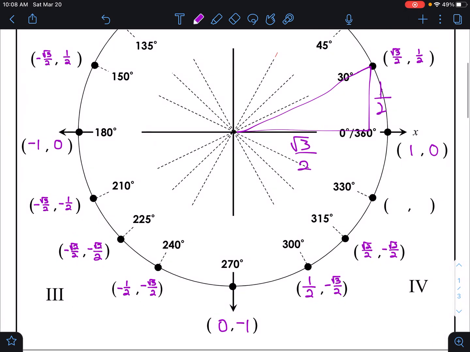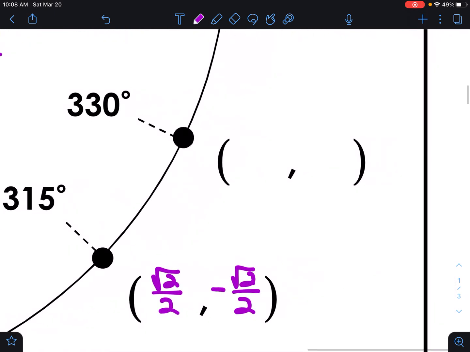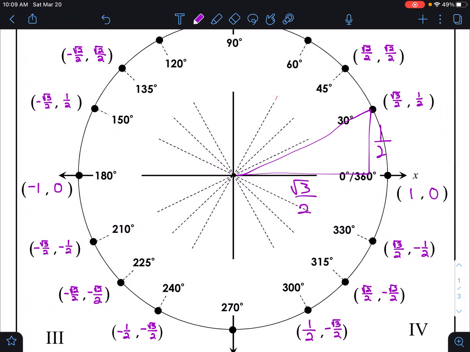Okay, and then here 330 degrees, x is positive in this quadrant, and y is negative. Okay, so now I have my unit circle partially completed.